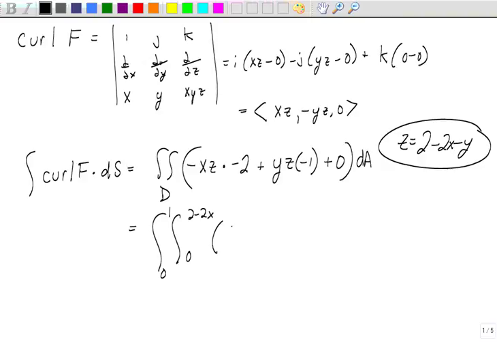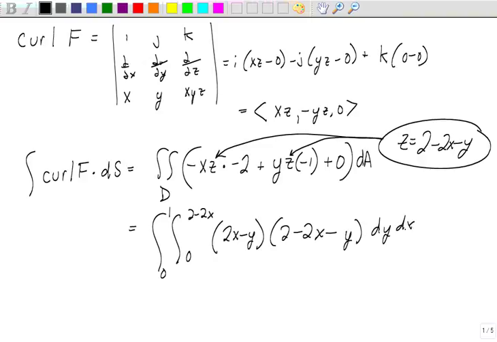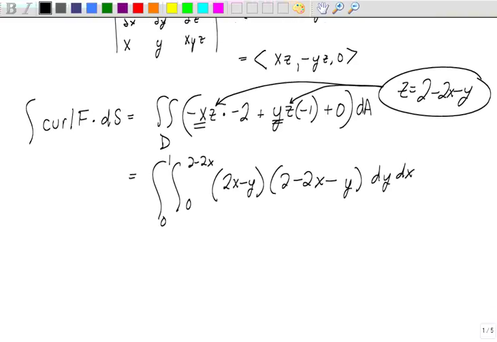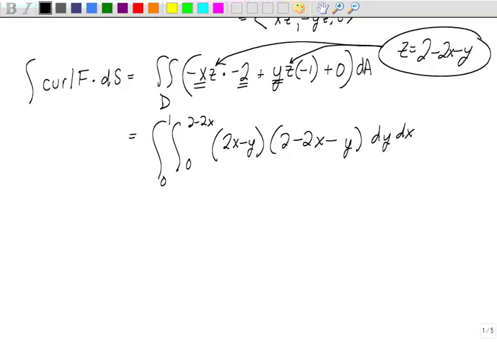I multiply this out. I substitute this in for z. So I get 2x minus y times 2 minus 2x minus y. I factored out the minus x and the minus y, or the plus 2x minus y.